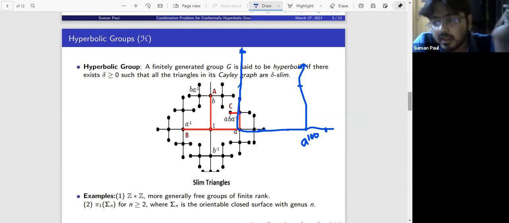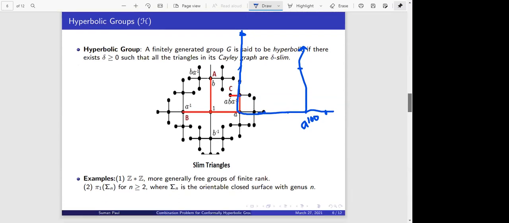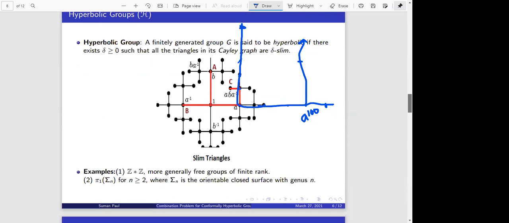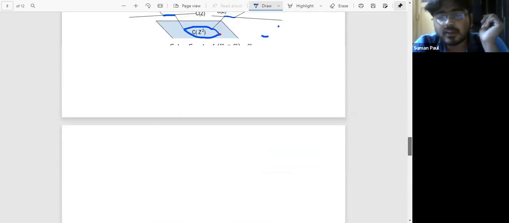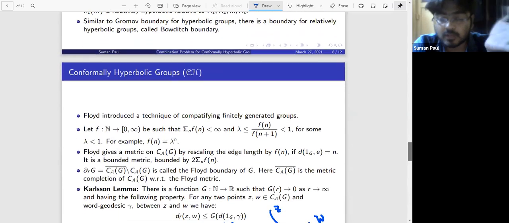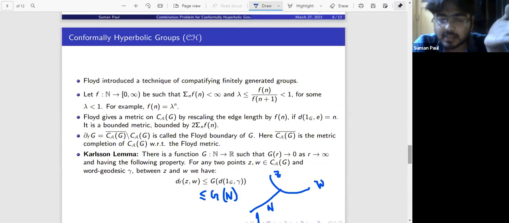It somehow resembles the definition of the Gromov boundary, right? That's why you can show that the Gromov boundary of a hyperbolic group is the same as the Floyd boundary of that group.